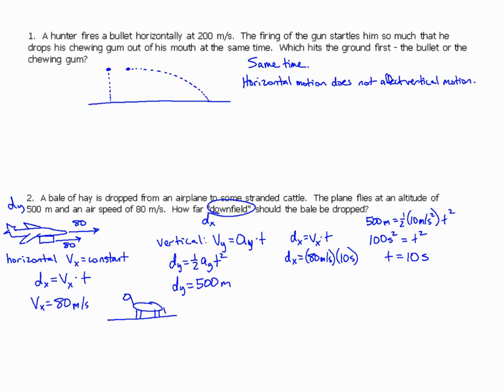Time is the common piece that the vertical and the horizontal have. If the flight time is 10 seconds, that's 10 seconds of falling, that's 10 seconds of moving sideways. So our distance in the x is 800 meters. And so we're going to drop the hay 800 meters downfield.